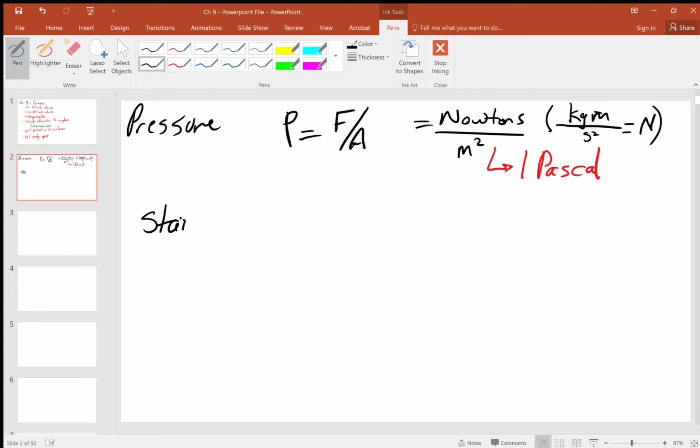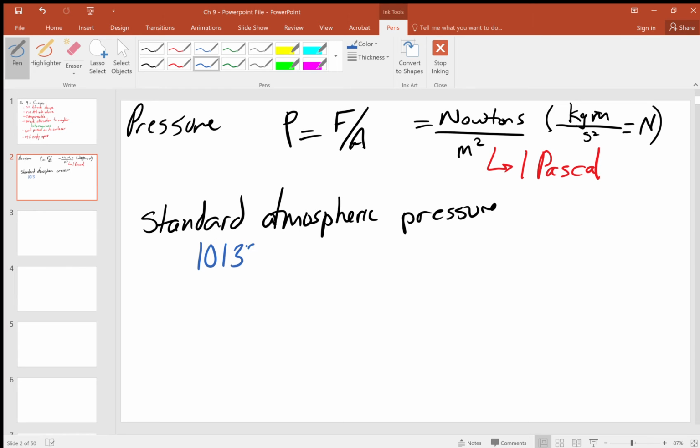And so if we talk about what we'd call standard atmospheric pressure, standard atmospheric pressure is approximately 101,325 pascals. So more often we talk about kilopascals, which gives us more manageable numbers to deal with. But we also often use atmospheres. And so standard atmospheric pressure is 1 atmosphere.